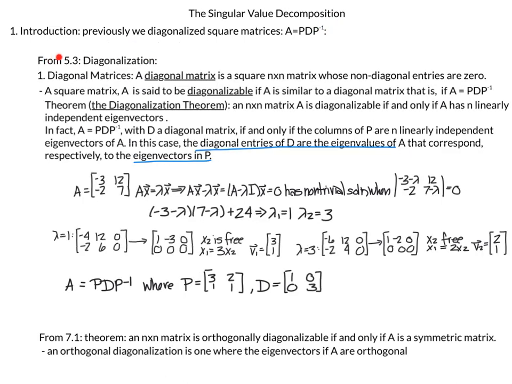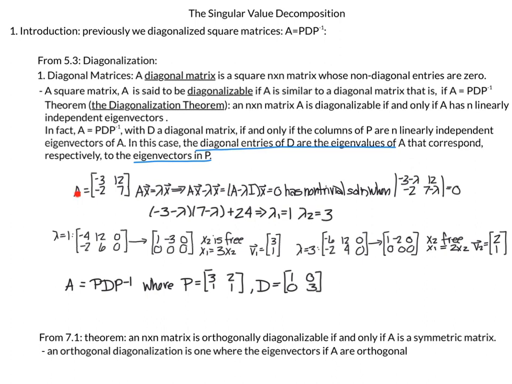So looking at diagonalization, and if you need to review, it's in chapter 5.3, the video is called Diagonalization. We found if we want to put A into the form of P, D, P inverse, where D is a diagonal matrix, then the diagonal entries will be the eigenvalues of our matrix A, and the eigenvectors of matrix A become the columns of P.